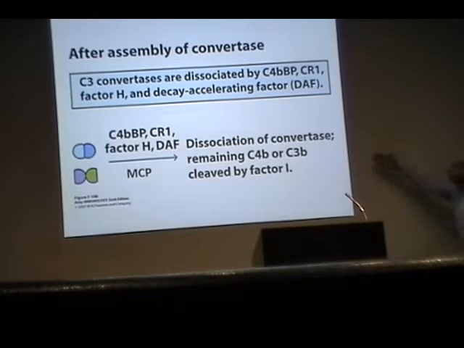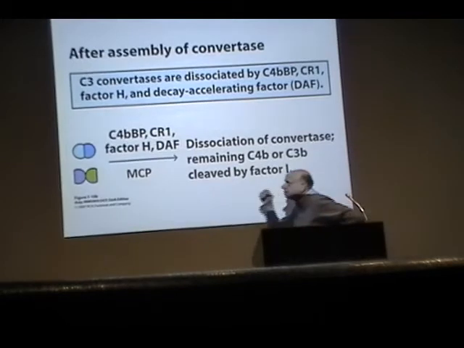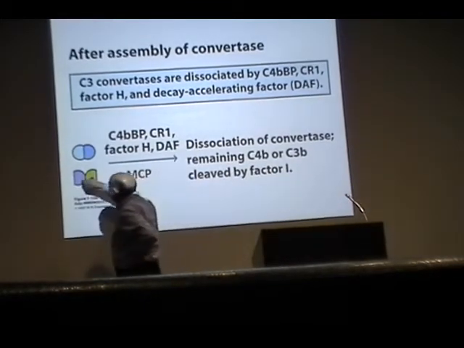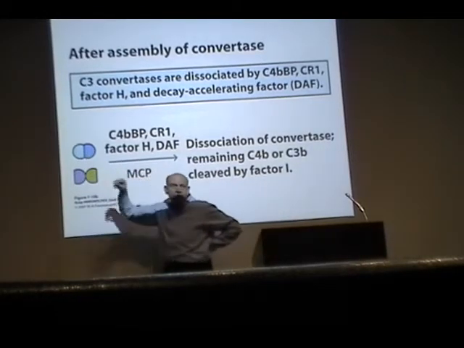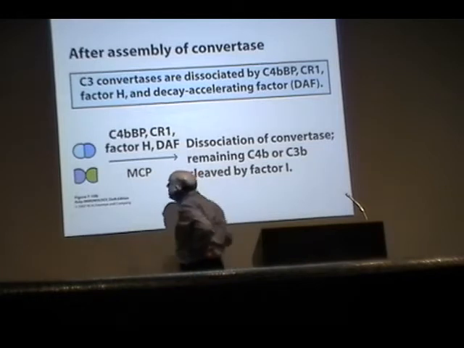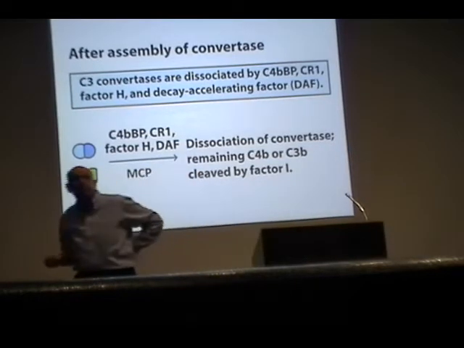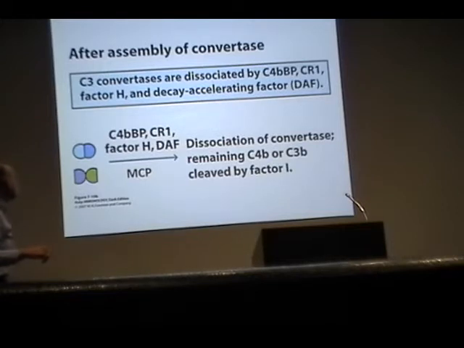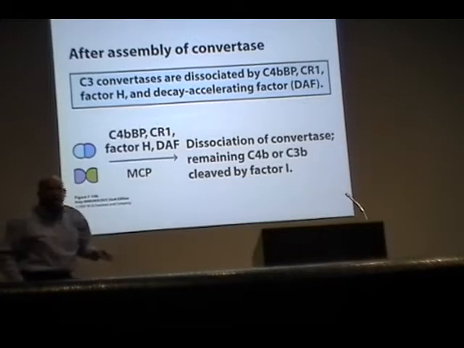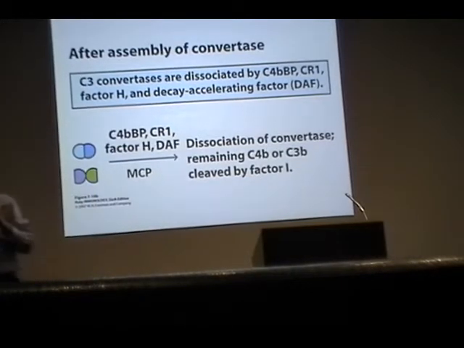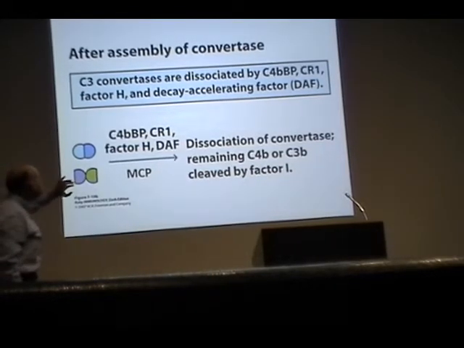Dissociation of the convertase. One of these is C3b-Bb, and one of these is C4b-C2a. If we cause them to separate apart, we've inhibited complement. And look at the number of molecules that we have that cause this dissociation. Those are the molecules that are involved in regulating the complement system to protect the host from this very dangerous cascade.